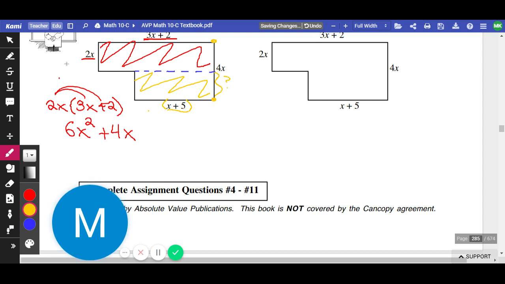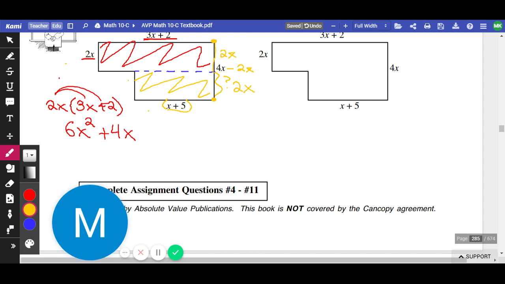To figure out this distance, you have to take 4x and subtract whatever this part on the top is that we didn't want. In our case, it would be 4x minus 2x, because that's this distance from here to here. 2x. That means this guy is 4x minus 2x, which equals 2x. It's a little tricky when you get these questions because you got to chop it up and then find the new side lengths for one of your rectangles.